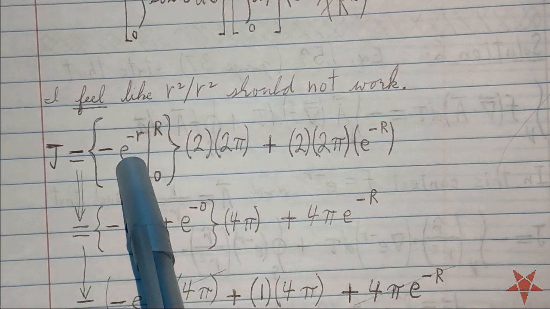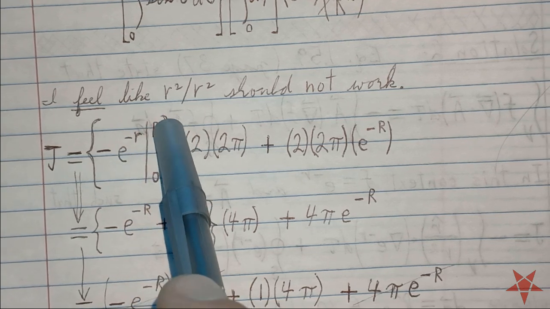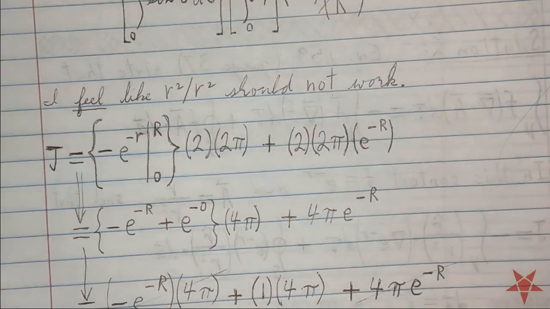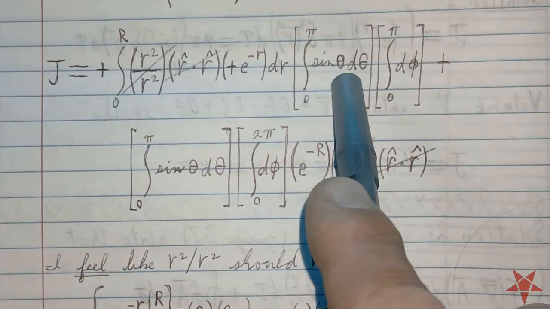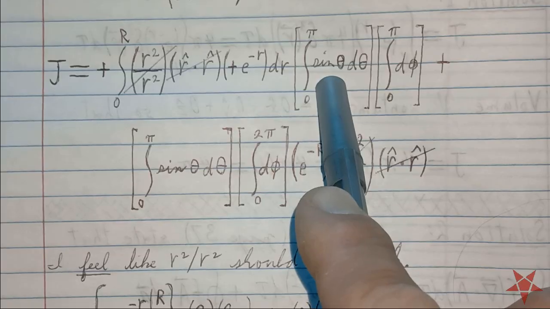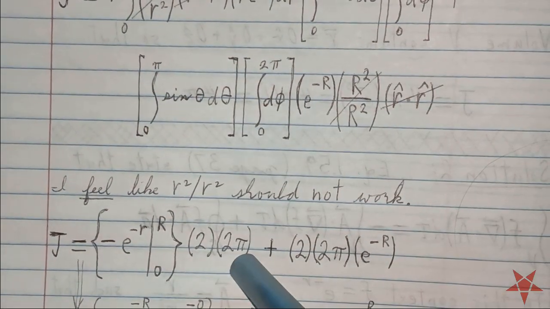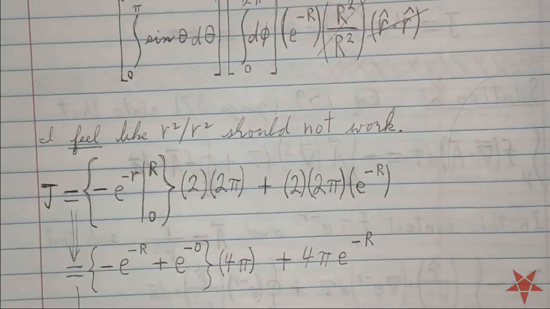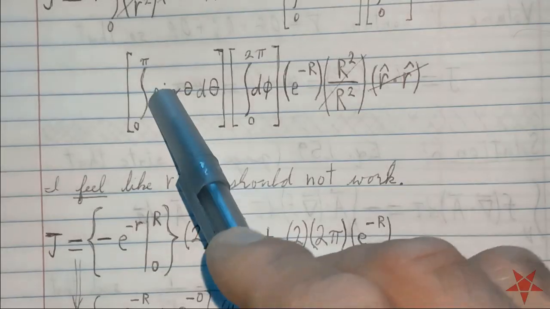So anyways, we evaluate negative e to the negative r across uppercase R and 0, multiplied times the results of these two integrals. The first one goes to 2, and the second one goes to 2 pi. So it goes similarly for the second integral.